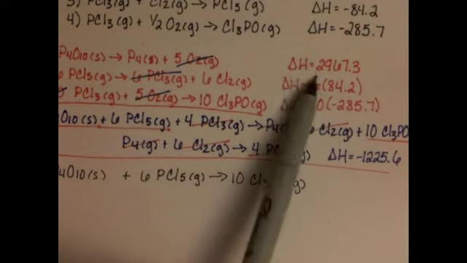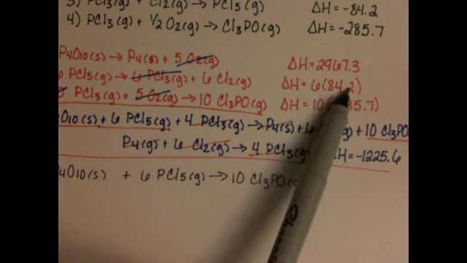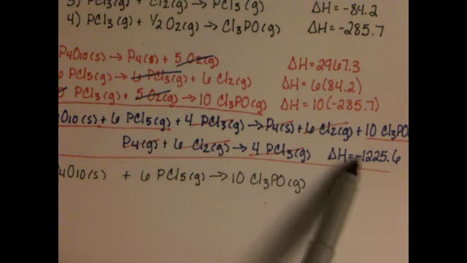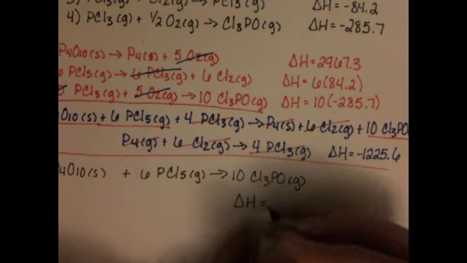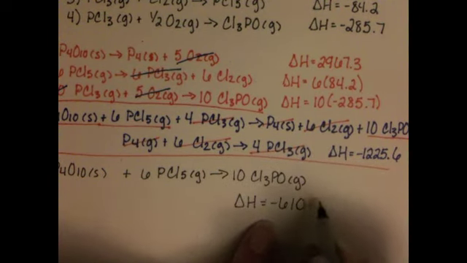So it's going to be 2,967.3 plus 6 times 84.2 plus 10 times negative 285.7 plus negative 1,225.6, and all of that adds up to negative 610 kilojoules per mole.